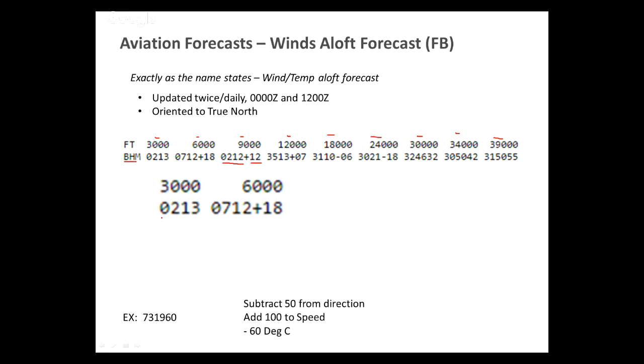So for instance, 020 at 13 knots. That's the wind forecast at 3,000 feet. At 6,000 feet, 070 wind direction, so wind out of the east-northeast, at 12 knots.